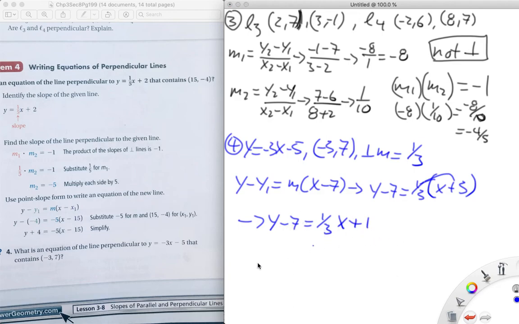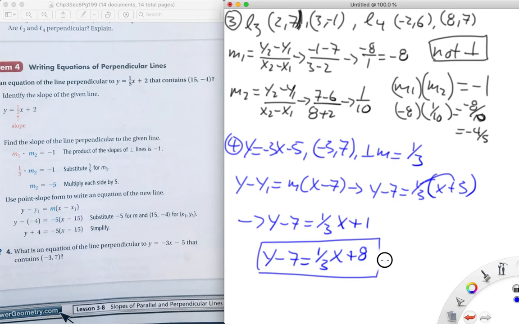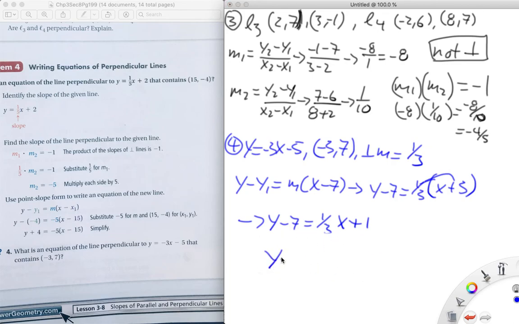Add 7 to both sides, and my final answer is y equals 1/3 x plus 8. That is in slope-intercept form. And this equation is perpendicular to this guy up here at that given point.